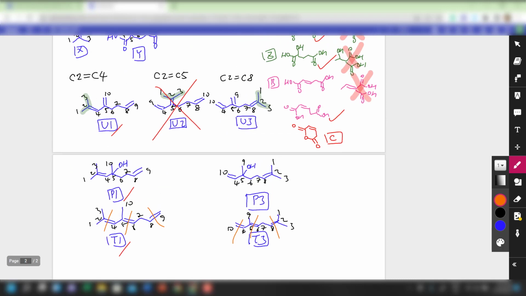That will be the answer at the end of the day, which I'm going to propose if I'm going to draft my answer out: the corresponding U1, P1, and T1, and then correspondingly U3, P3, and T3.